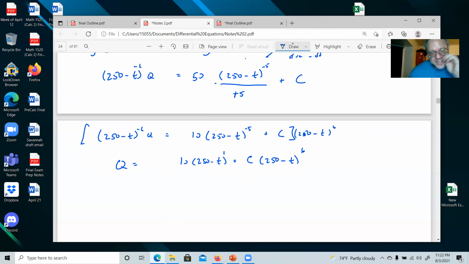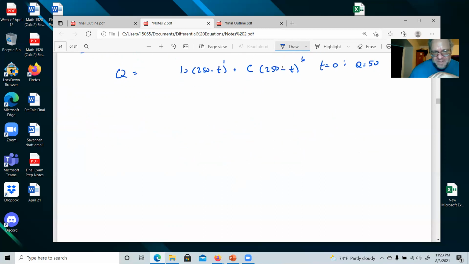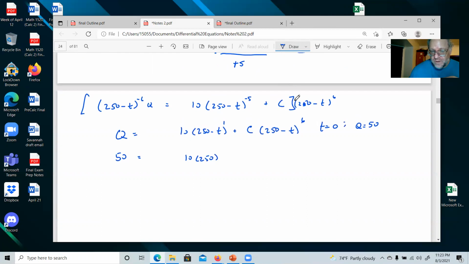So we have, at time t equals 0, q was equal to 50. So here we have 50 is equal to 10 times 250, since t was 0, plus c times 250 minus 0 raised to the 6th power. So this is 50 is equal to 2500 plus c times 250 raised to the 6th power.